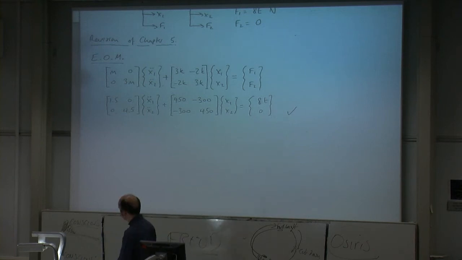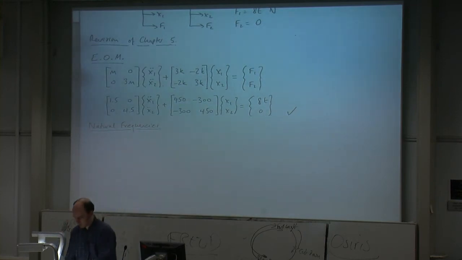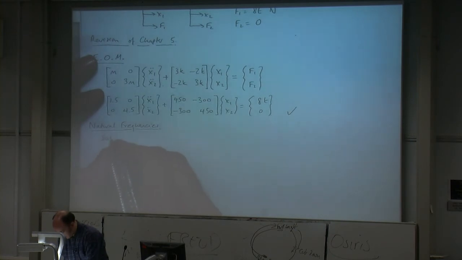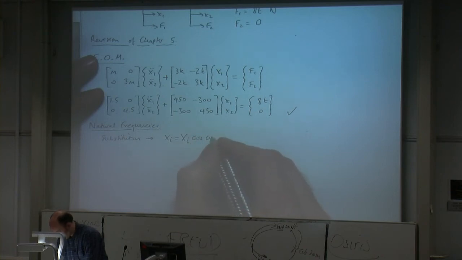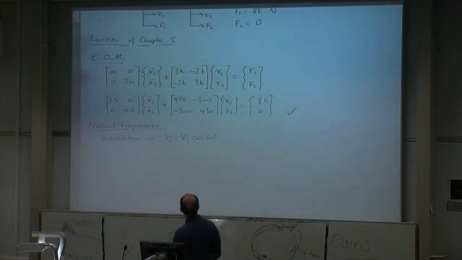Okay, so the next step is to find the natural frequencies. Now to do that we make a substitution, okay? We say that xi equals big Xi cosine omega t, because it's going to oscillate.